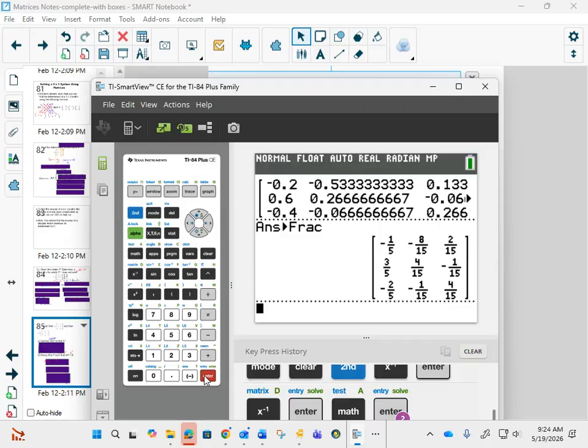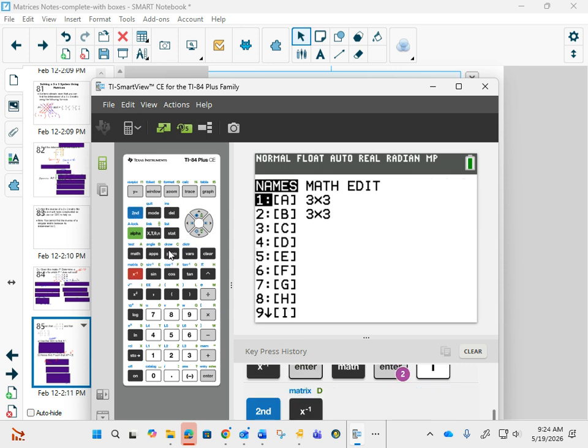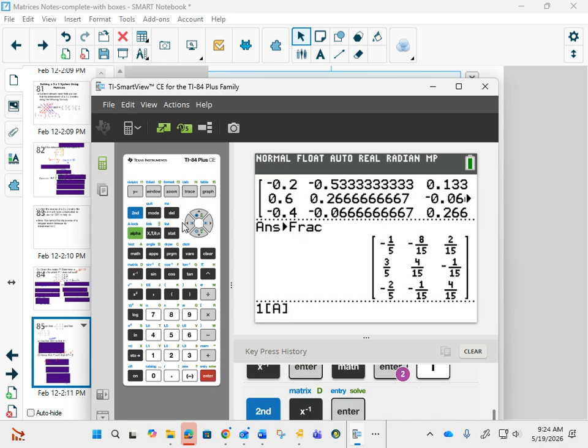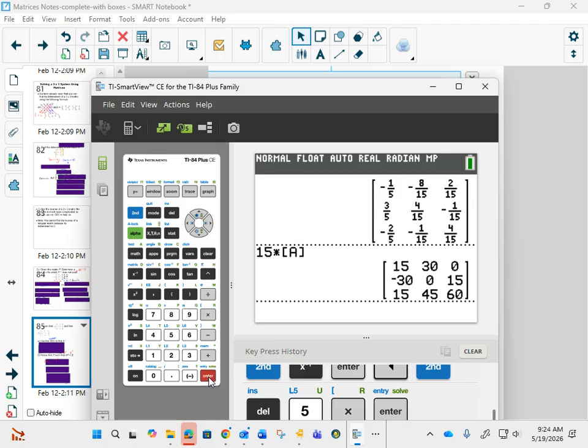If I wanted to factor that 1/15 out, I could just go 15 times A. Oh, I wanted to do 15 times A inverse.